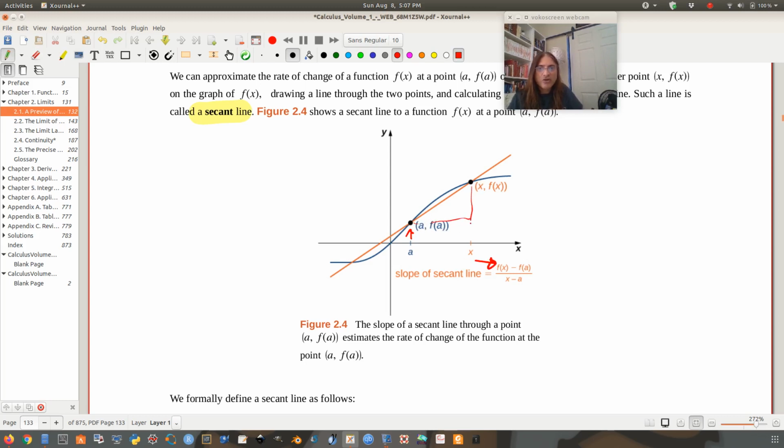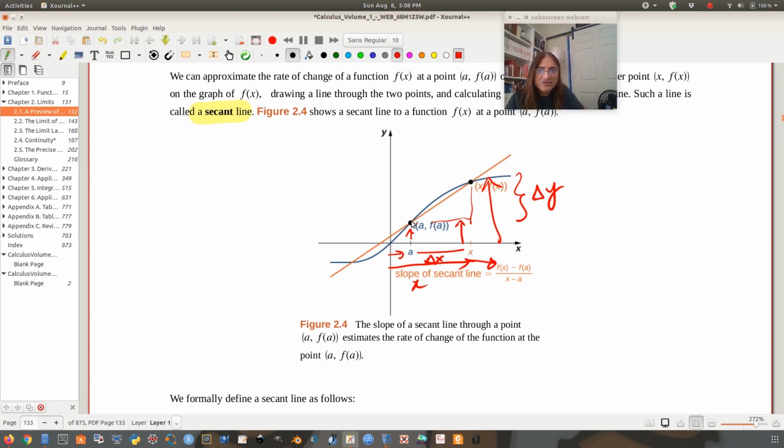If you look at this triangle, this height is the whole height, which is f(x), minus this height, which is f(a). So f(x) minus f(a) is delta y, and this length is a, and this length is x. So this delta x is x minus a. So delta y over delta x is f(x) minus f(a) over x minus a.